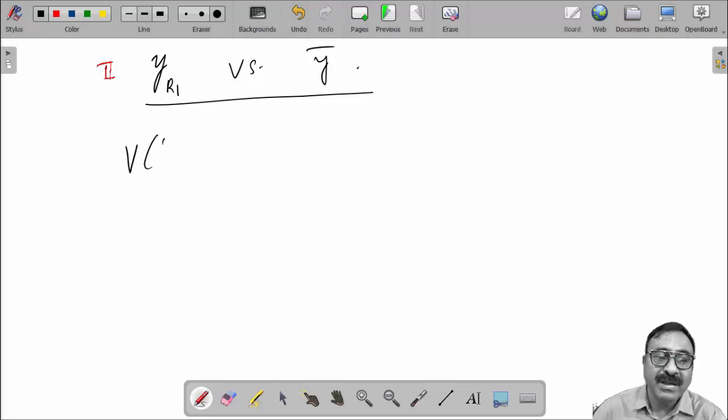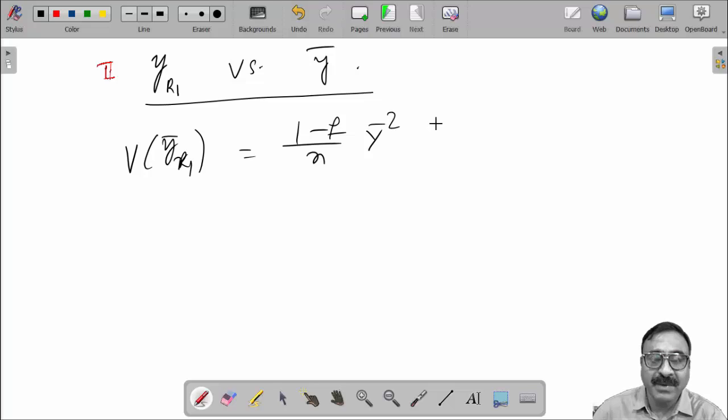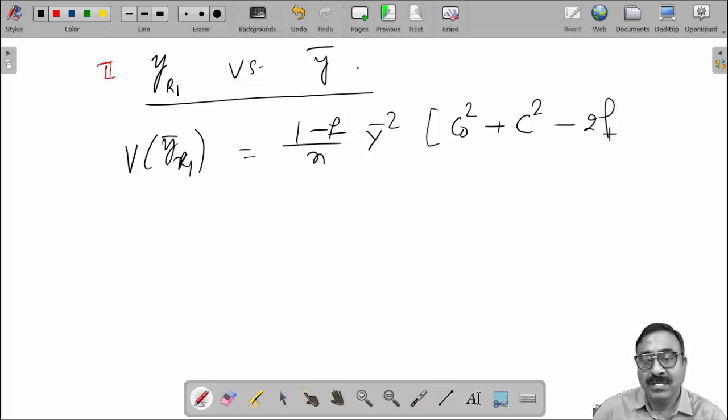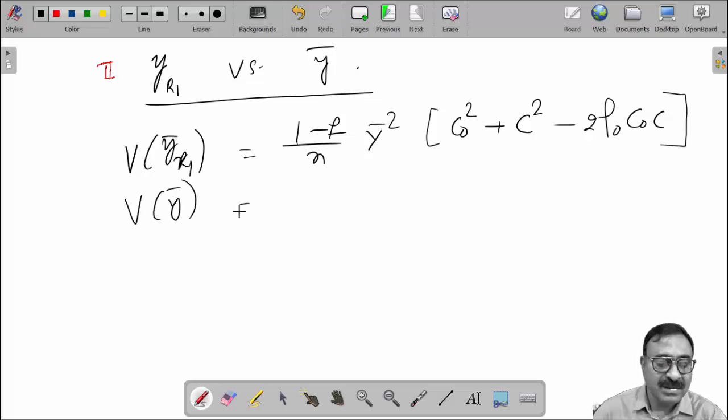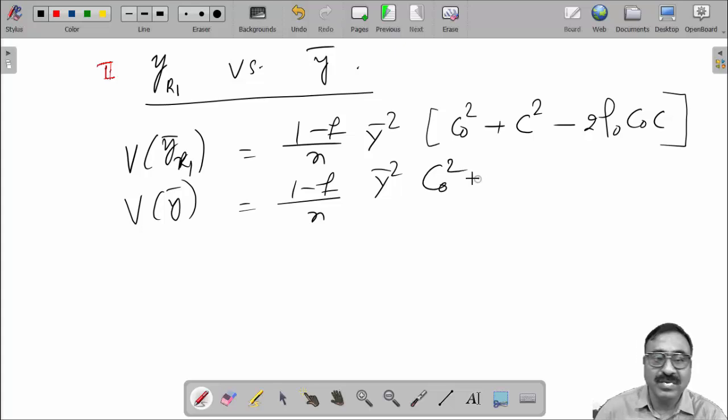We have the variance of the usual ratio estimator YR1 bar equal to (1 minus f by n) Y bar square [C0 square plus C square minus 2 rho 0 C0 C], and the variance of y bar equal to (1 minus f by n) Y bar square C0 square.